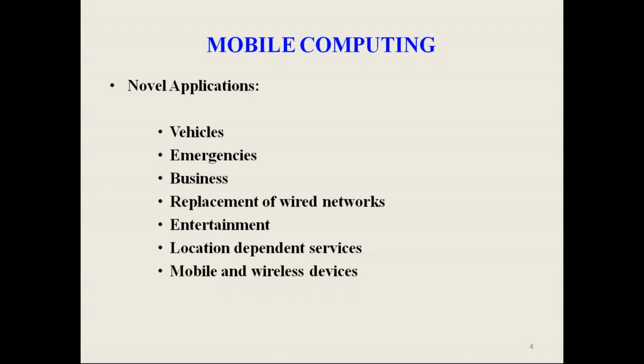We are enjoying a lot of facilities based on wireless networks and mobile communications. Wherever you go, when the network is available, you can automatically access music, news, weather reports, and any other broadcast information.